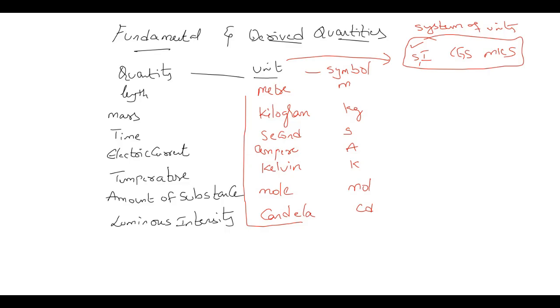SI unit is known as International System of Units. It means it is true for every country. In every country, the units will be the same. If you express in these units, everyone can understand because it is the International System of Units. Clear?